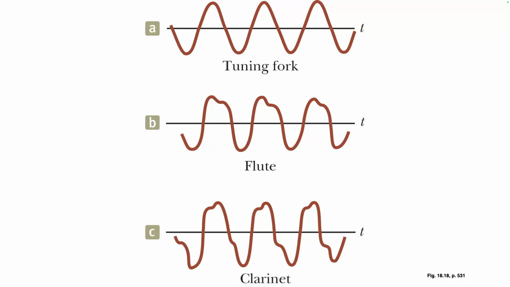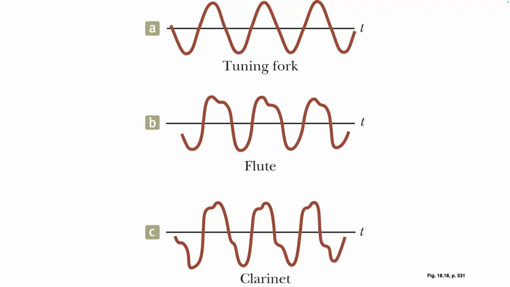And so rather than just sine wiggles, you will get complicated waveforms that are still repeating. On the screen, tuning forks produce their fundamentals only. A tuning fork just plays a singular note, and so it will just be a sine function.